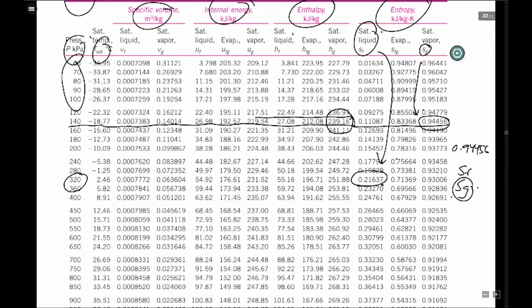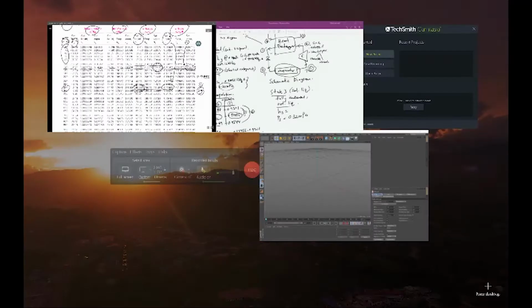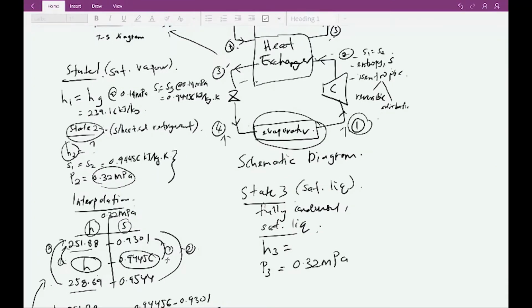But our interest here is to find enthalpy, so the enthalpy here is hf, which is equal to 55.61 kilojoule per kilogram. So I'm writing here H3 is equal to 55.16 kilojoule per kilogram.